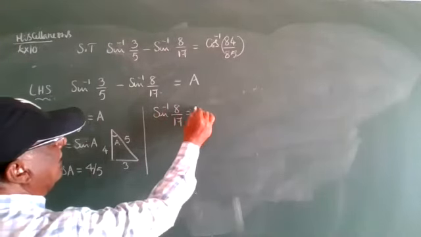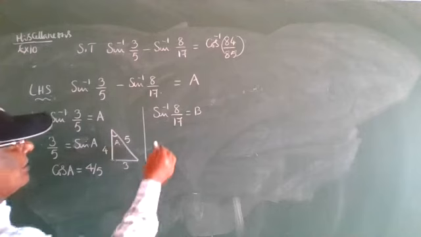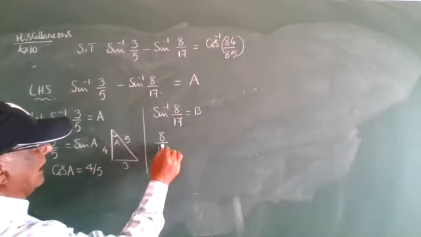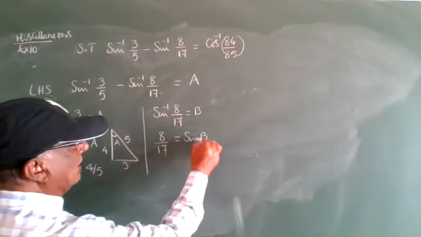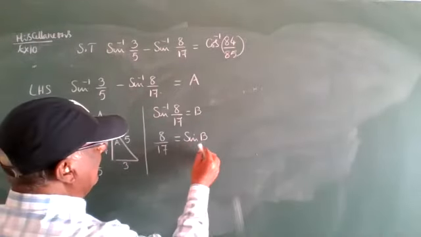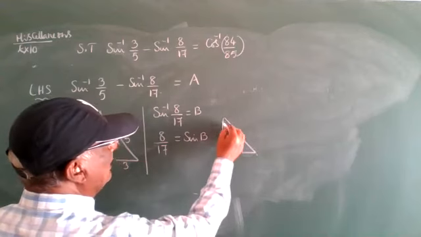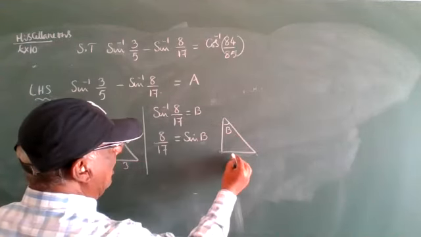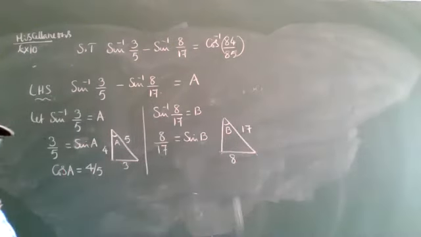Let it be B. So 8 by 17 is equal to sine B. Now write down the right angle triangle. This is the B angle, opposite side is 8, adjacent side is 17.